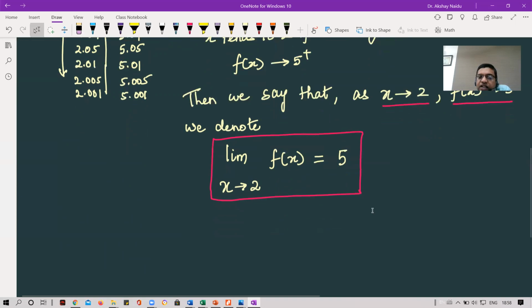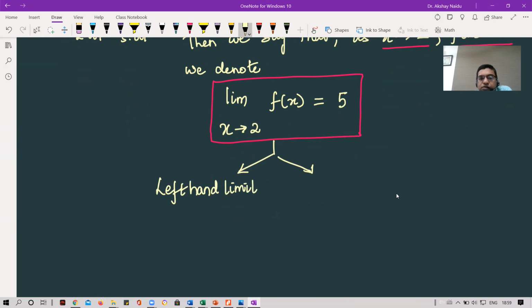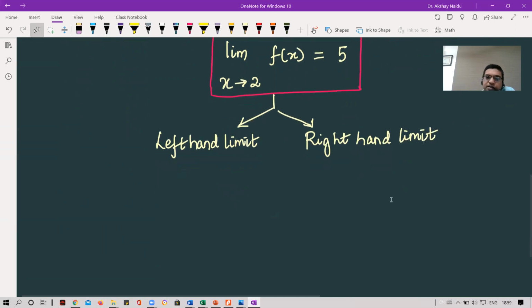Okay, now this can be categorized into 2. We call this left hand limit and right hand limit. Left hand limit is limit x tends to 2 minus f of x.